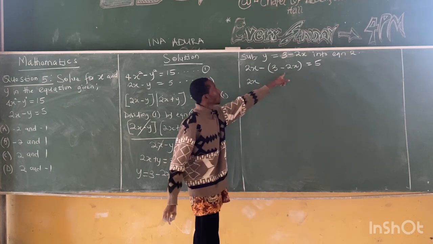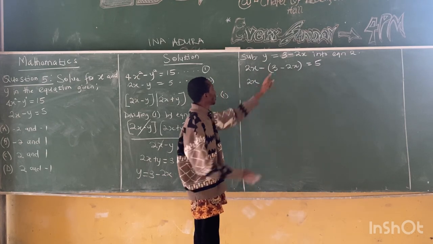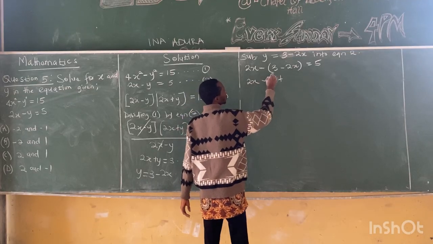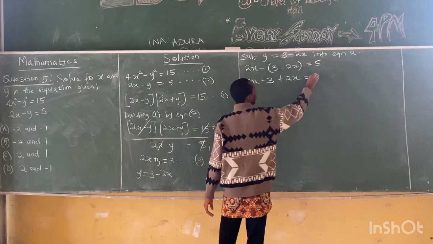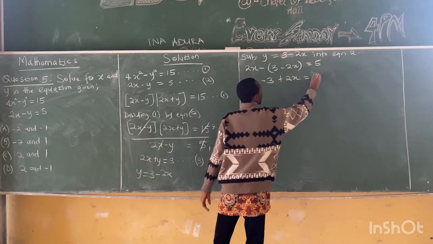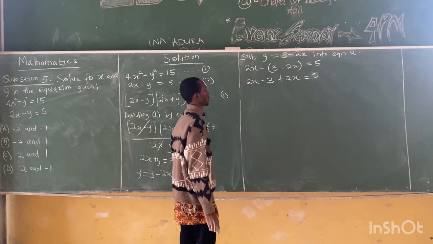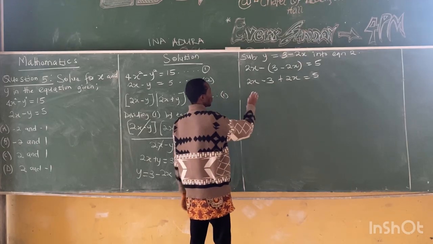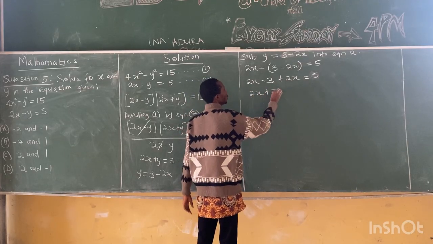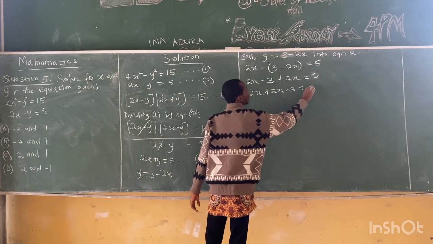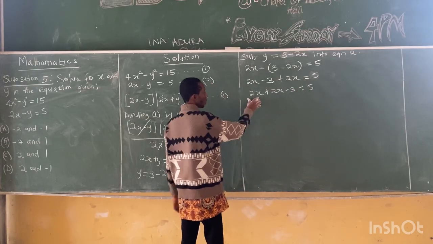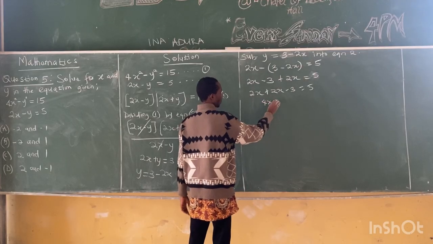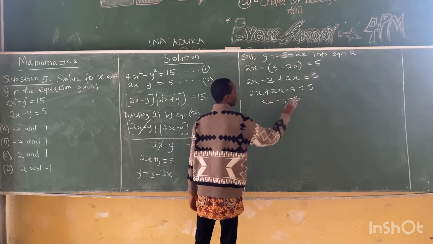This is 2x. The minus sign expands the bracket, so we have minus 3, and minus minus gives us plus 2x, equal to 5. If we collect like terms, we have 2x plus 2x minus 3 equal to 5. 2x plus 2x gives us 4x minus 3 equal to 5.